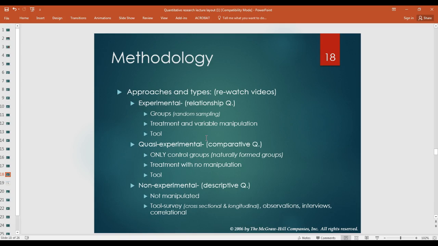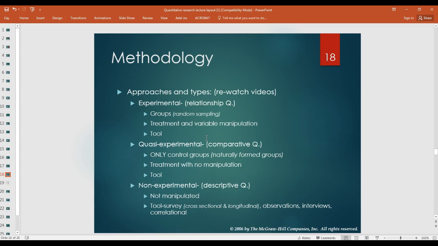Like what we had in qualitative when we talked about the different types and designs, which are case study, ethnography, historical, grounded theory. These are the things that we have studied, and these are the types of designs in qualitative research.